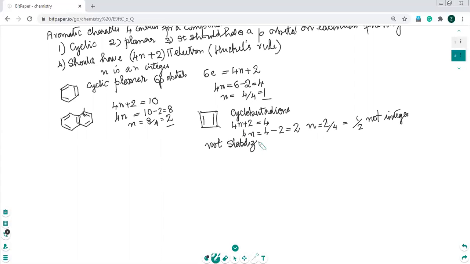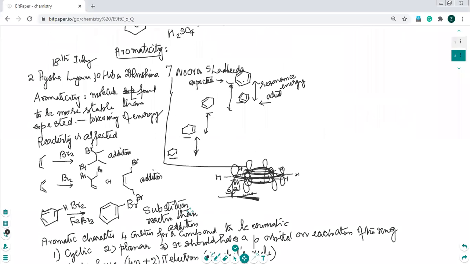Now, which rule does this compound apply? For this compound, suppose you put 4n equal to 4. Now it will be an integer. Let me write it.